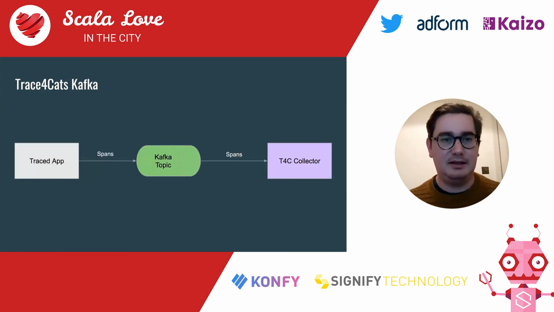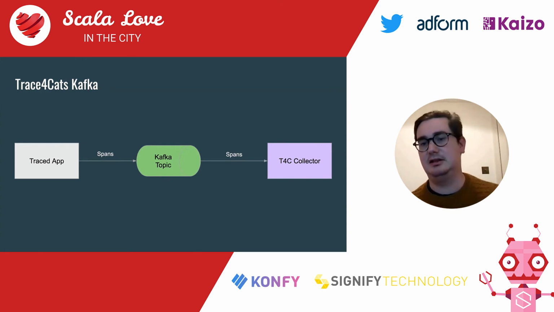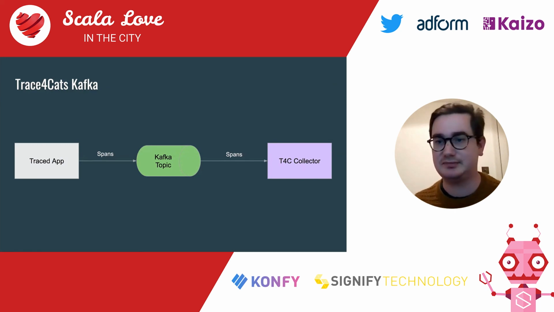And then there's Kafka. Trace4Cats can send spans via Kafka, which has a few advantages. Like you can load balance the collector, so deploy multiple instances in the same consumer group and have them deal with different traces, or have different consumer groups sending to different systems.